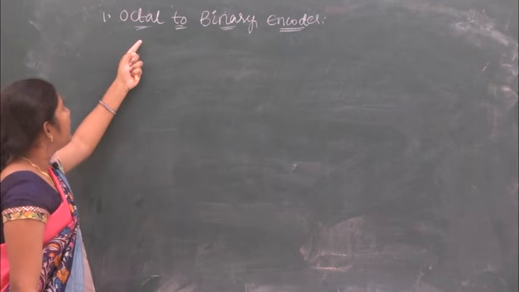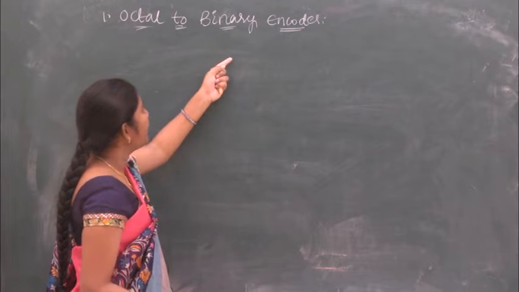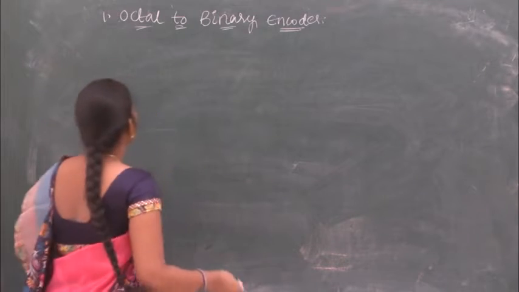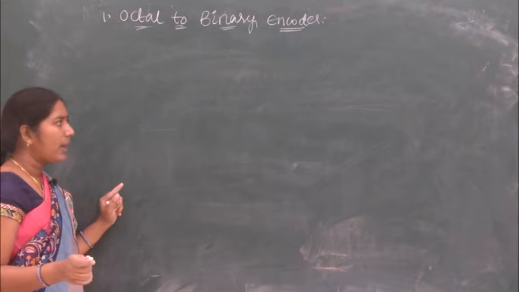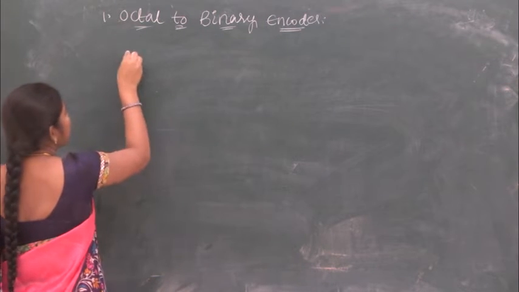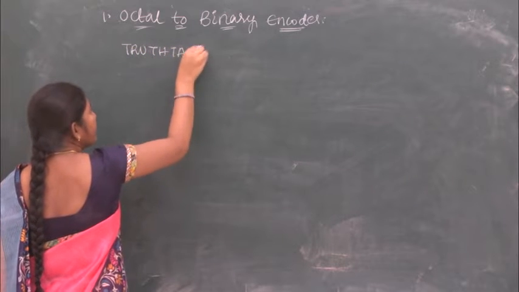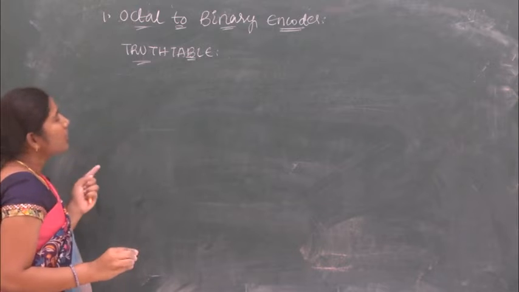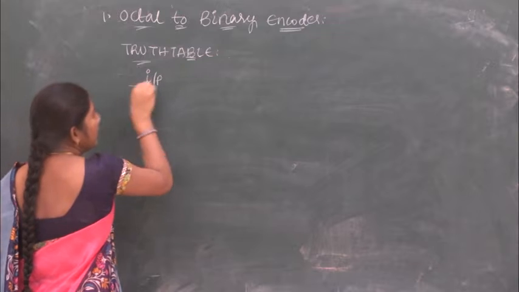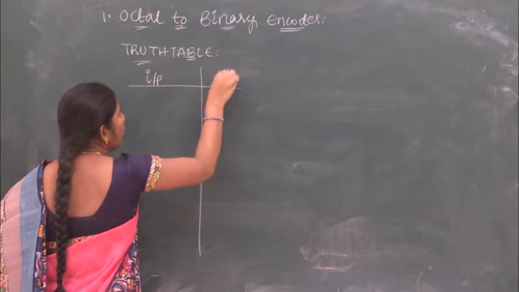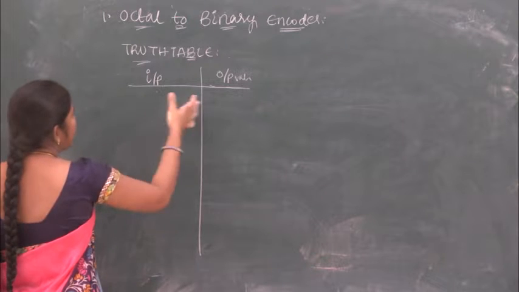In this, we have octal numbers. That octal numbers we need to code into binary values, right? That we need to design. To design this encoder, basically we require a truth table, right? So I am considering the truth table here. Truth table is what? It will always give the relation between input and corresponding output values, right? So here the inputs are what?